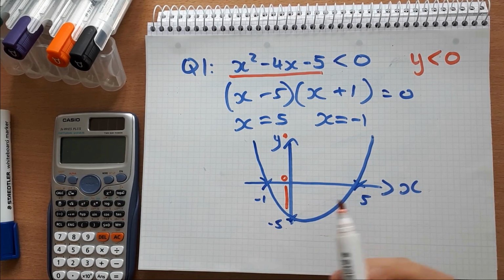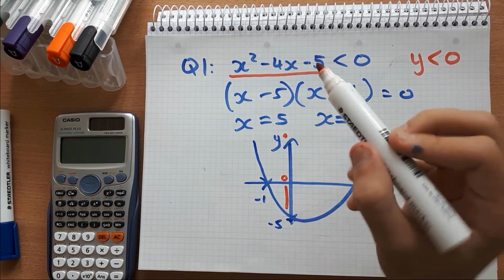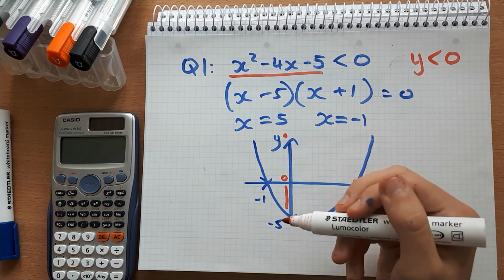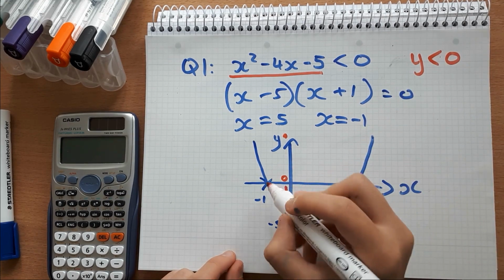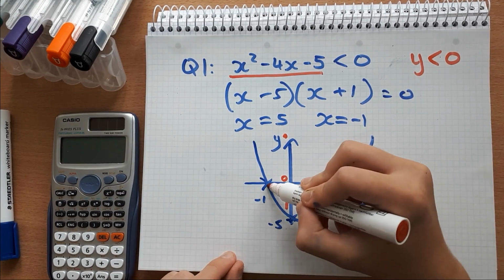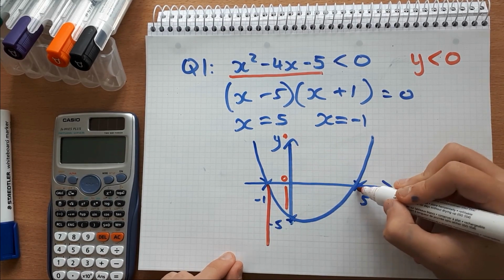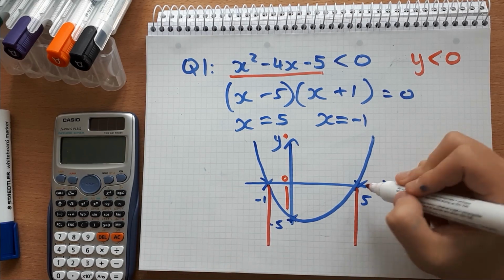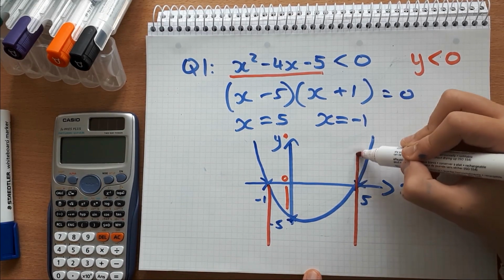So we are looking for the part of the curve that is underneath the x-axis. So that is from here all the way across to here. And our curve is greater than 0 here and here, if we continue these lines up.